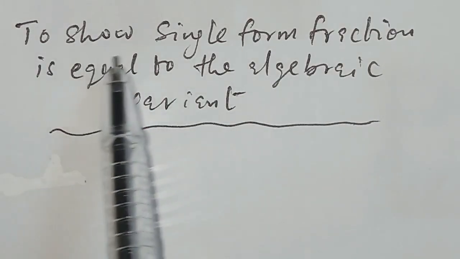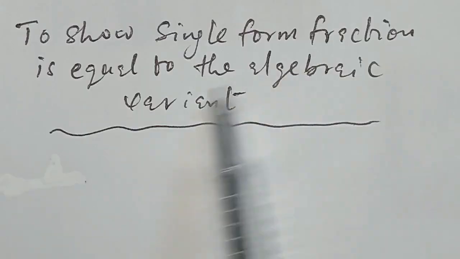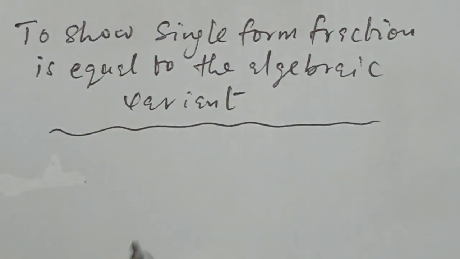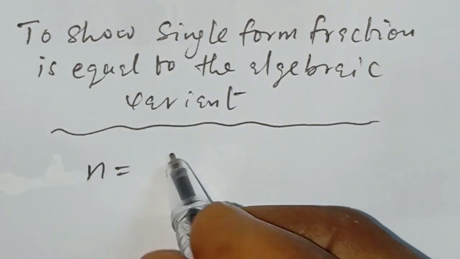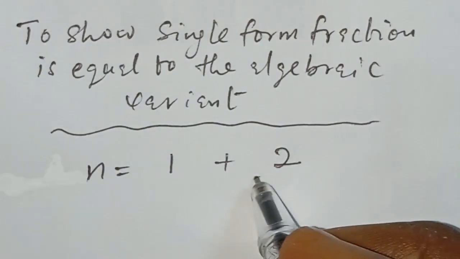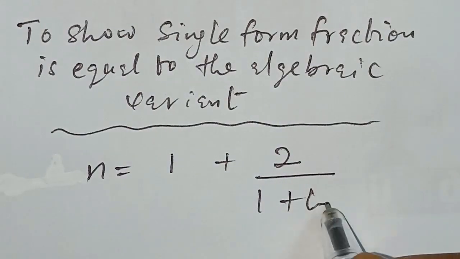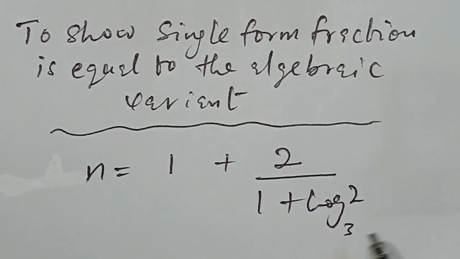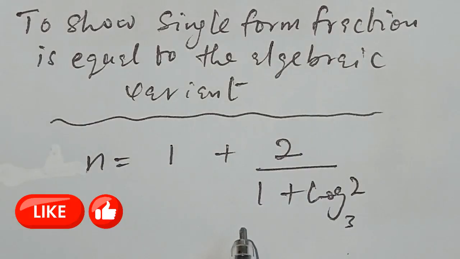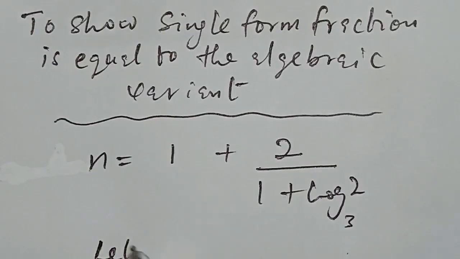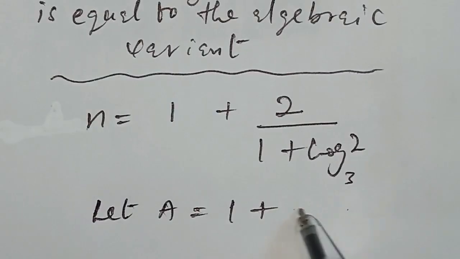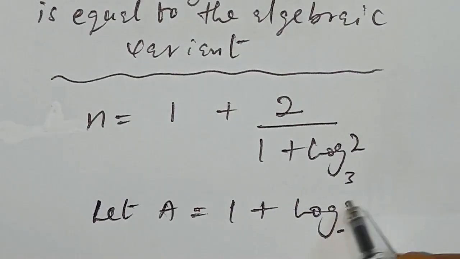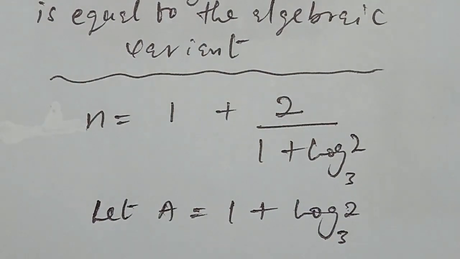The next proof is to show you that the single fraction form is also equal to the algebraic variant. Starting from n equal to 1 plus 2 over 1 plus log 2 base 3, let capital A equal 1 plus log 2 base 3.